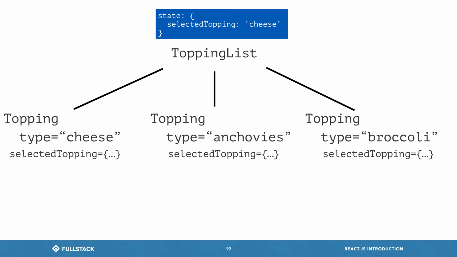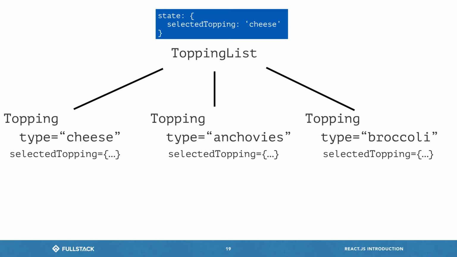What we don't want to do is what you see on this slide. What we do not want to do is, oh, well, these also need to know about selected topping. Not necessarily. What we want instead is, I think I misunderstood this. What we want instead is selected topping can now be passed down as a prop to topping. So we're not keeping track of selected topping as state inside of our topping components.